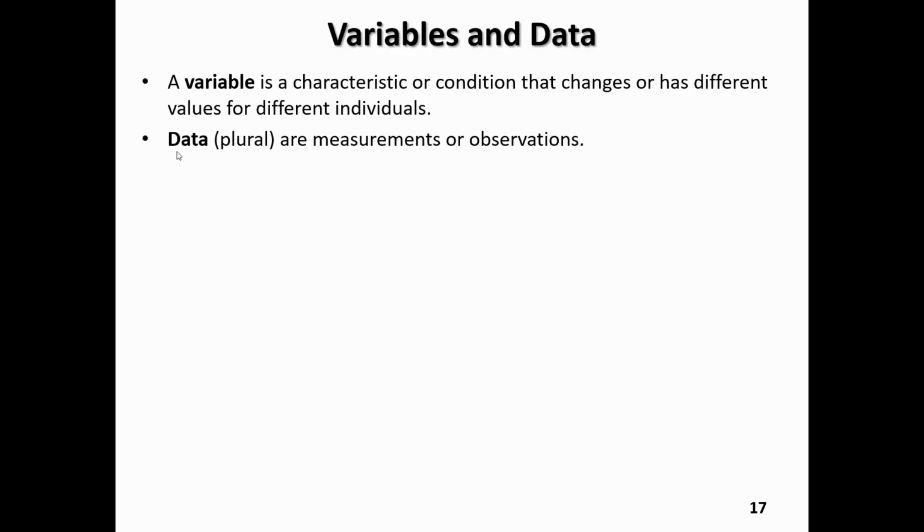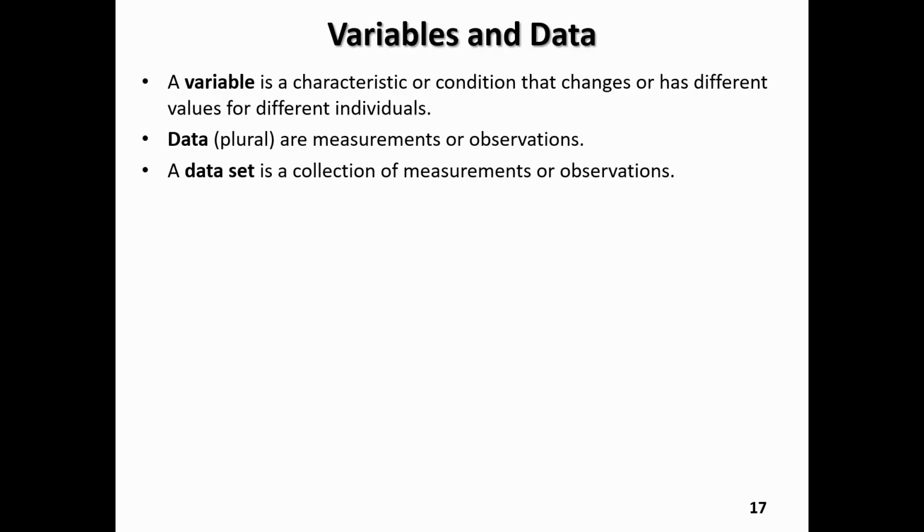The term data, as indicated before, refers to information, but in quantitative research, data usually refers to the numerical values. And the term data is the plural form of datum, which refers to one numerical value.